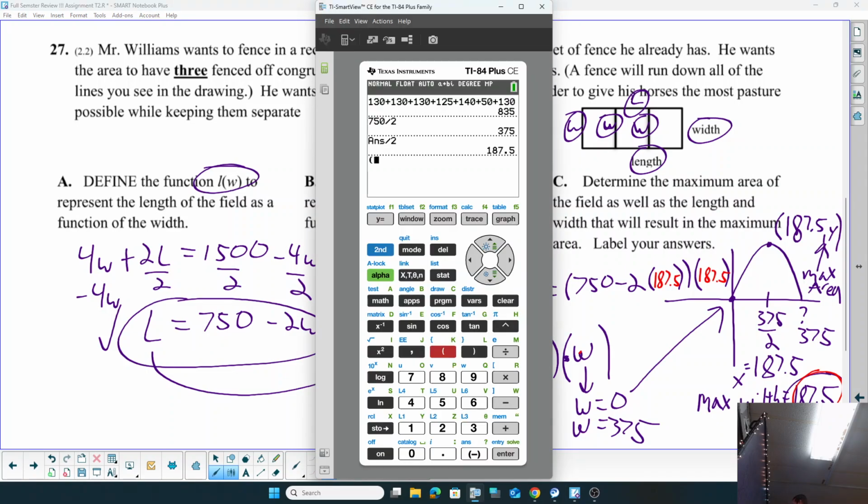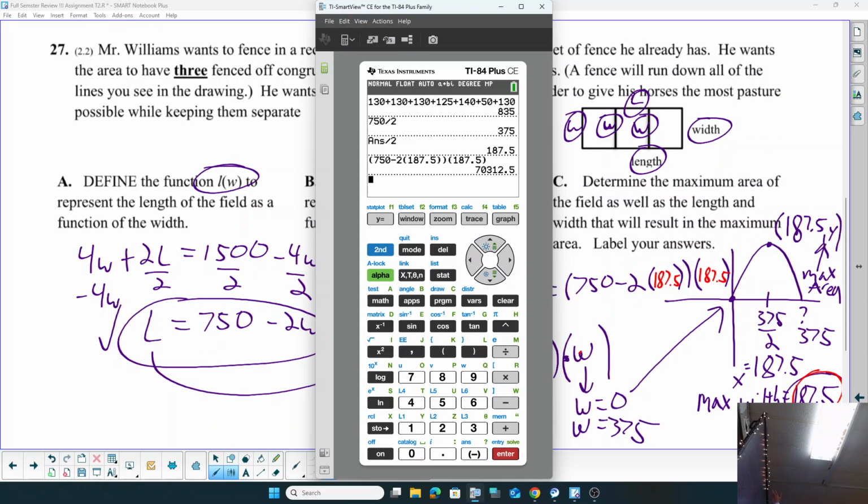So parenthesis 750 minus 2 times 187.5, close parenthesis, times 187.5, and that's going to give us our max area, 70,312.5.